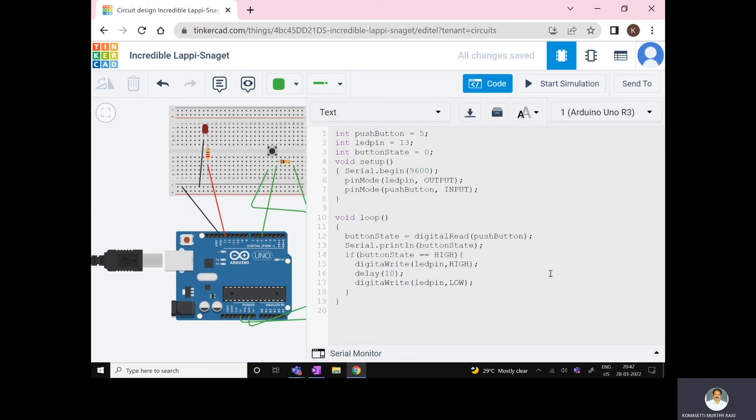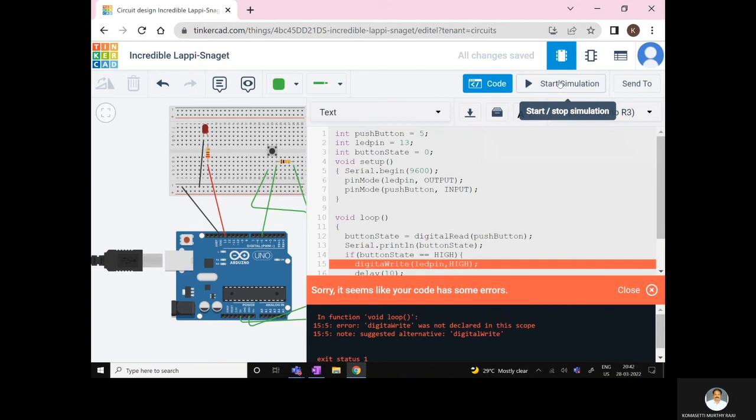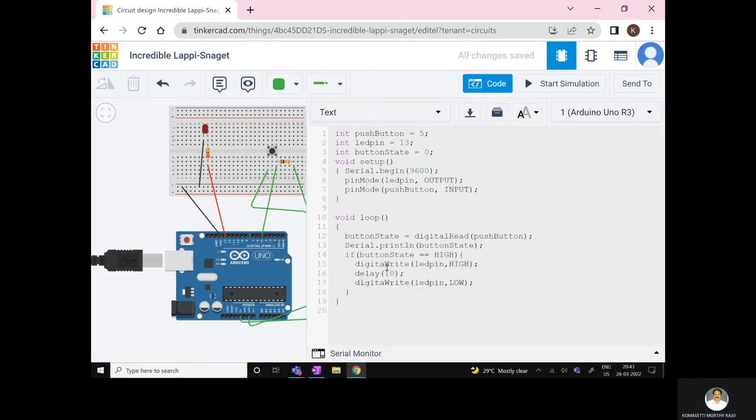Button state is high. At 15.5, error: digitalWrite was not declared in this scope. Here digitalWrite. Right here.